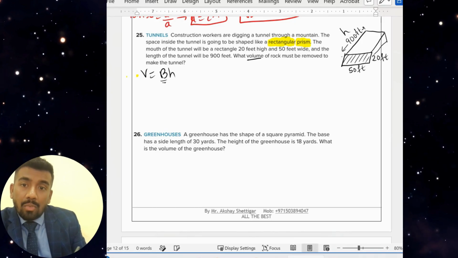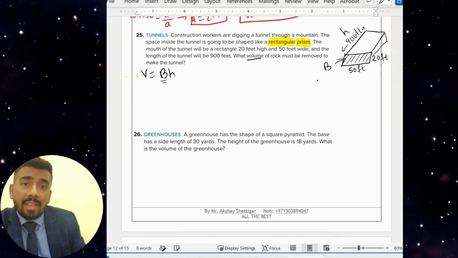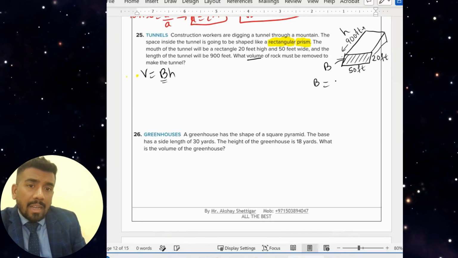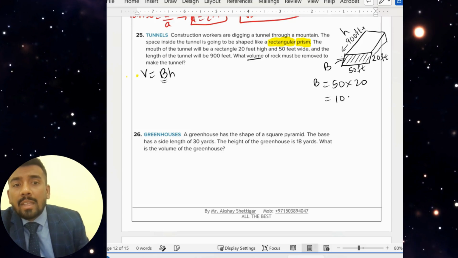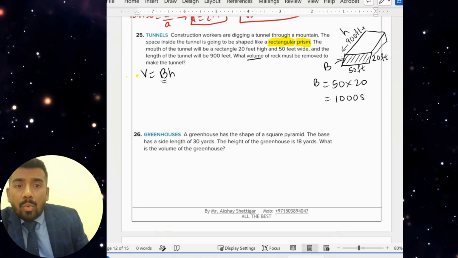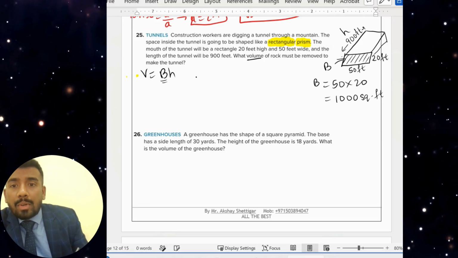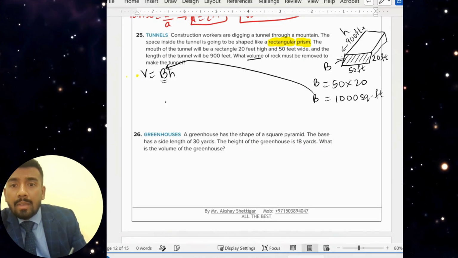BH. Now what's B? It's this area. As it's a rectangle, it's pretty easy. The area is length times width. So 50 times 20, that's 1000 square feet. That's the area. We put it back over here in the B. So what do you get?